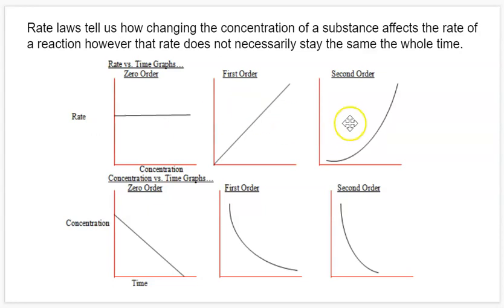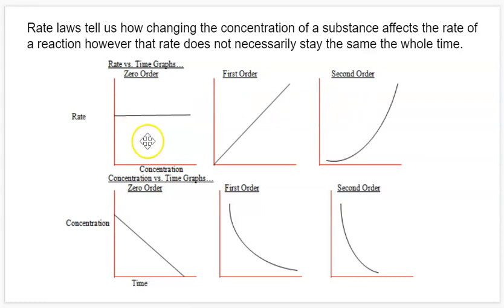But for first, second order, and above order reactions, there's going to be a large effect as the reaction proceeds, because those reactions depend on the concentrations of the reactants, how many particles there are in the reaction to collide with. So as the concentrations dwindle, there's going to be less and less collisions, and the rate is going to change over time because as the collisions go down, the rate is also going to go down.